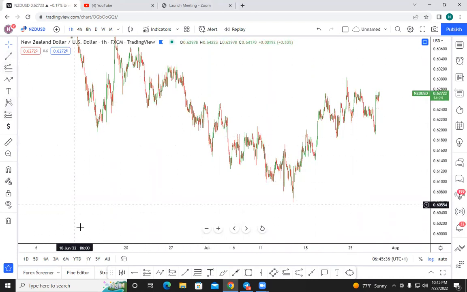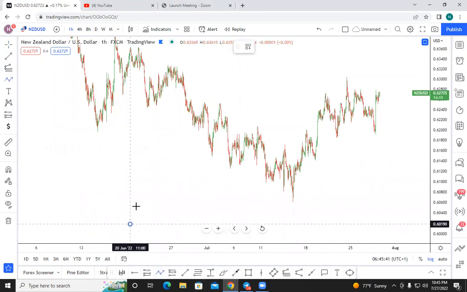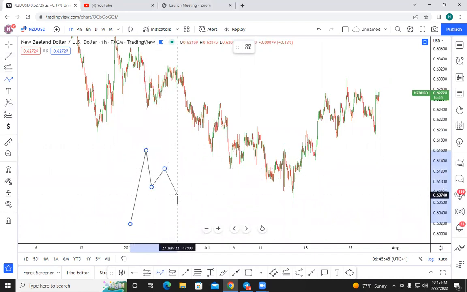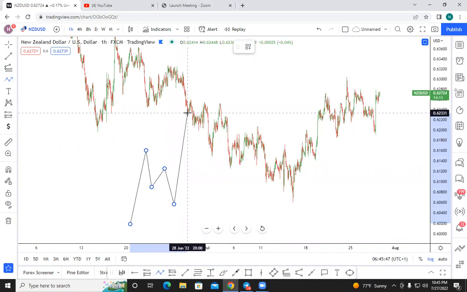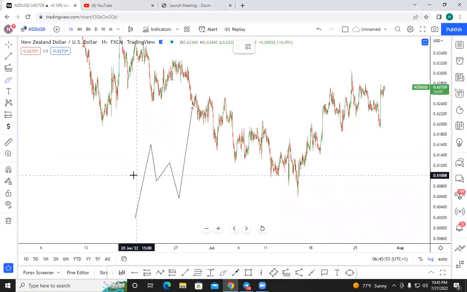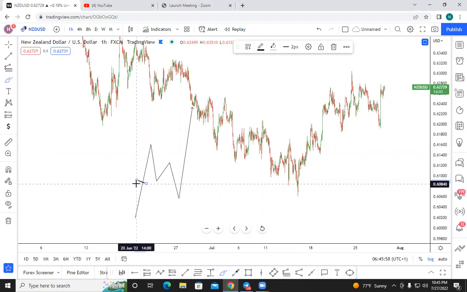From elementary trading, you have been taught that anytime you see an impulse, you need to look for a correction and then you see another impulse. And I also want to believe that you were taught not to trade this impulse.